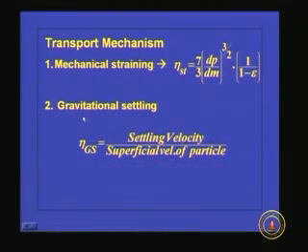So, that is the second transport mechanism, that means gravitational settling. Each pocket, whatever space is available between the filter media, is acting as a settling basin. The efficiency by gravitational settling can be found using this formula: settling velocity divided by superficial velocity of the particle.